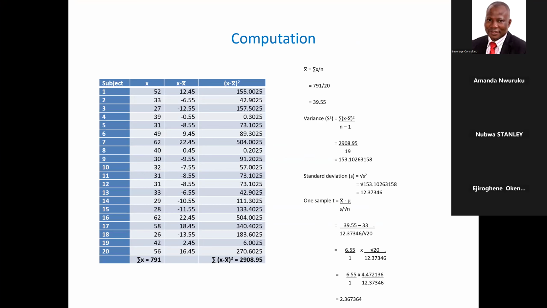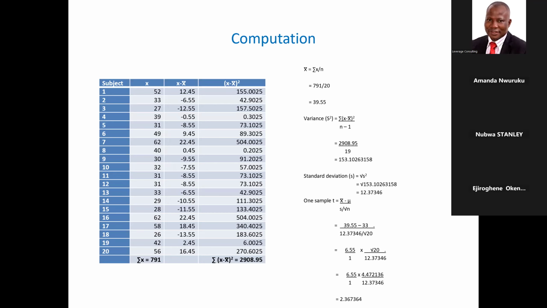Very simple. You arrange the subjects 1 to 20, and the second column is the X, the value of each of them. For that second column, you add everything together.